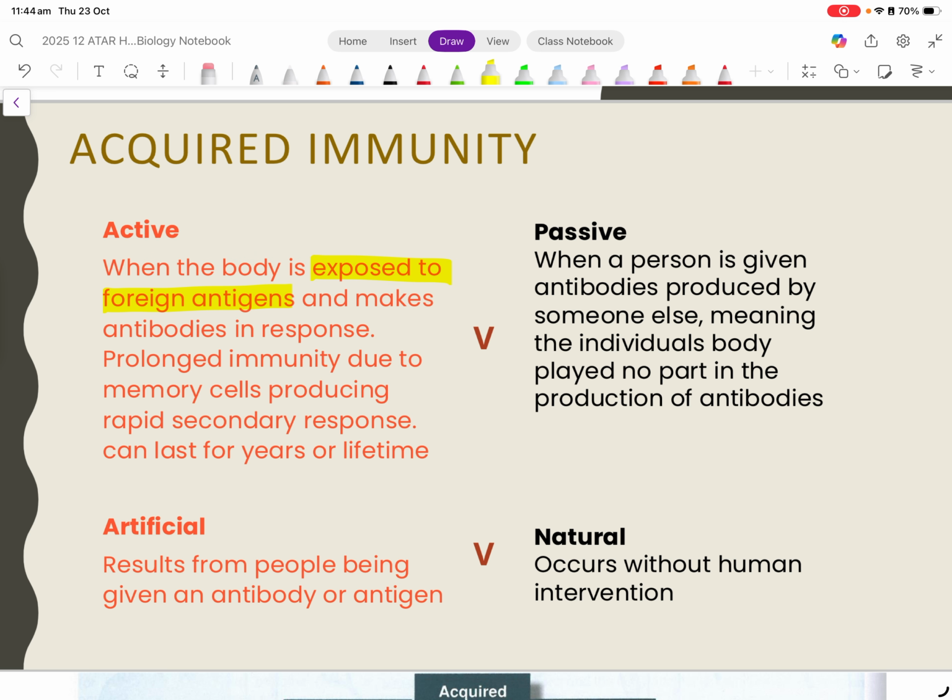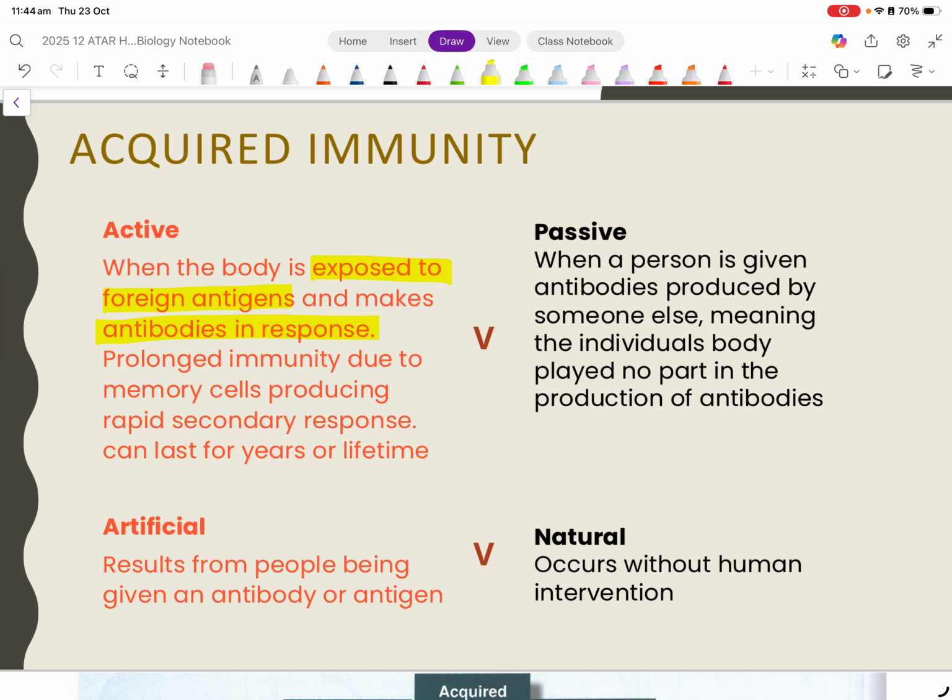Your body has to work out how to make antibodies in response. So what this is going to result in is a longer time period where we're trying to produce an immune response, because it takes a while for your body to learn, adapt, and overcome a particular pathogen.